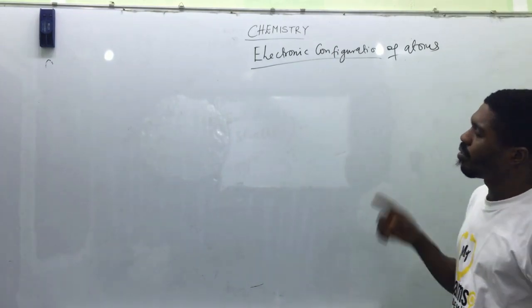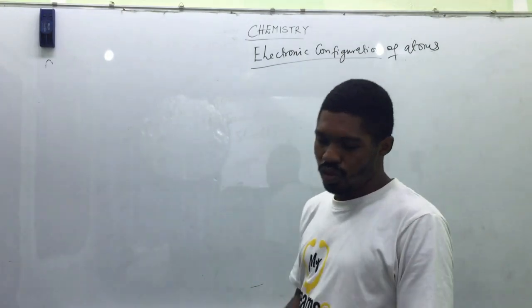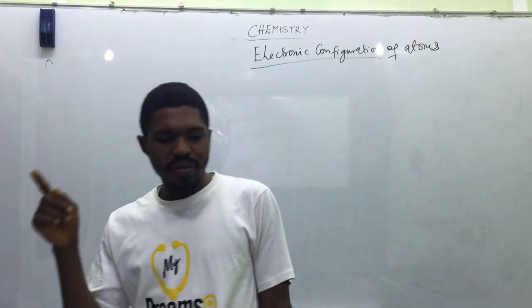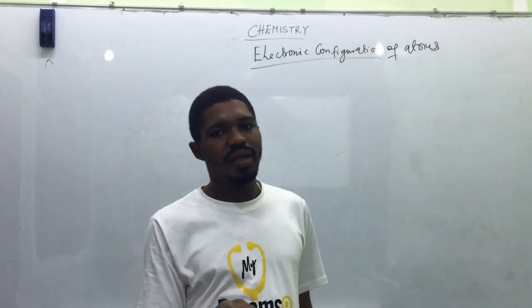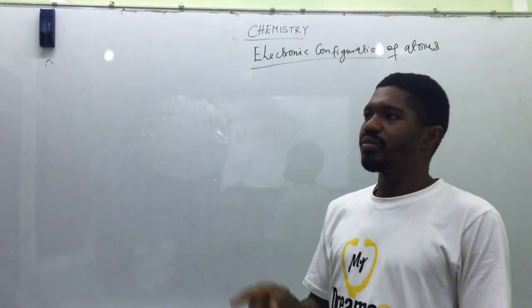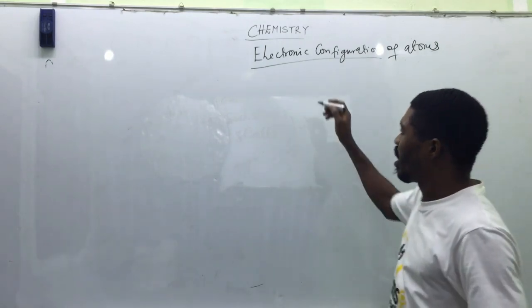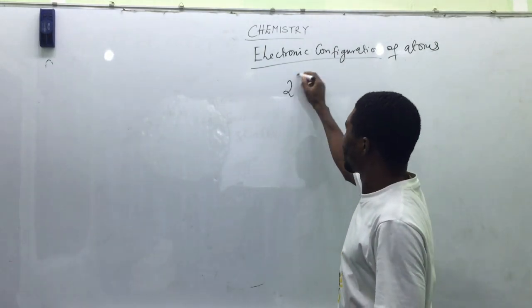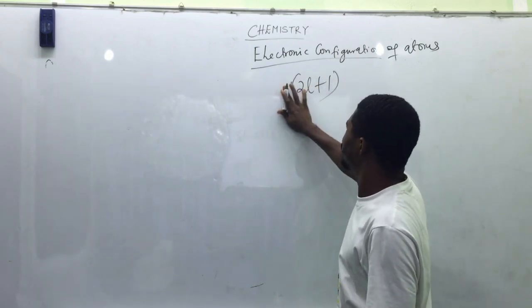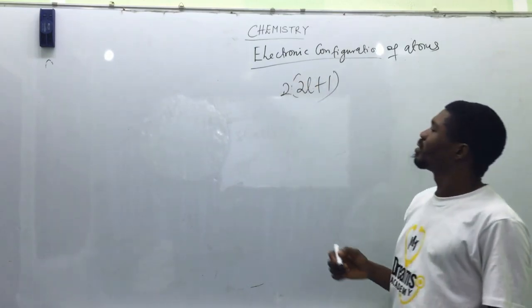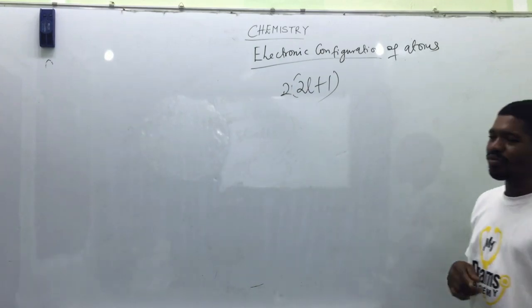Two is that the maximum number of electrons that can be accommodated by a subshell is given by this formula: 2(2l + 1). That is the formula.